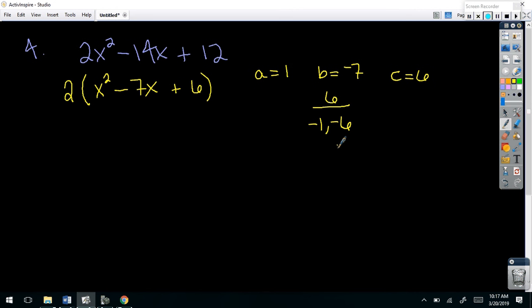They have to multiply to positive 6, but add to -7. So what's a negative times a negative? A positive. But when you add 2 negatives, it stays negative. If you add 2 negatives, you get a negative. If you multiply 2 negatives, you get a positive.